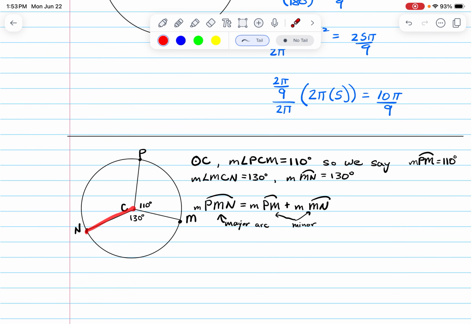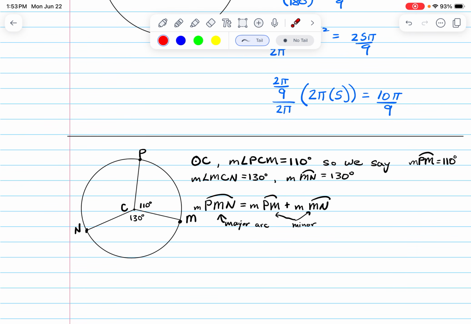Likewise, down here, notice we've got 130 degrees. So the measure of this arc here is 130 degrees. The arc matches the central angle, 130 degrees. Now, for this arc and this arc, those are both less than 180 degrees.